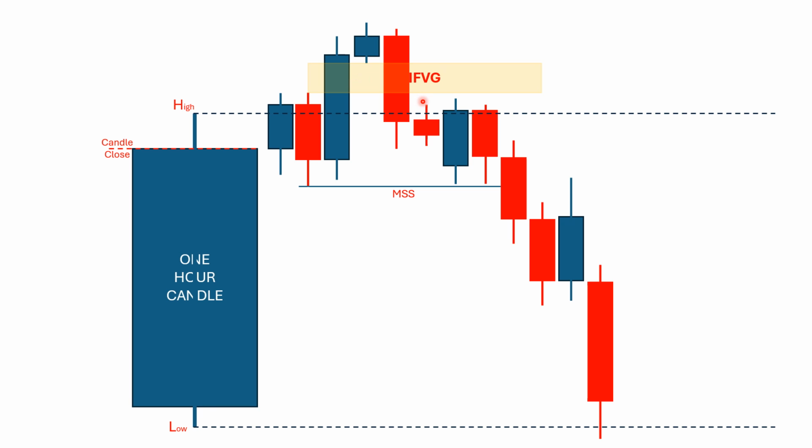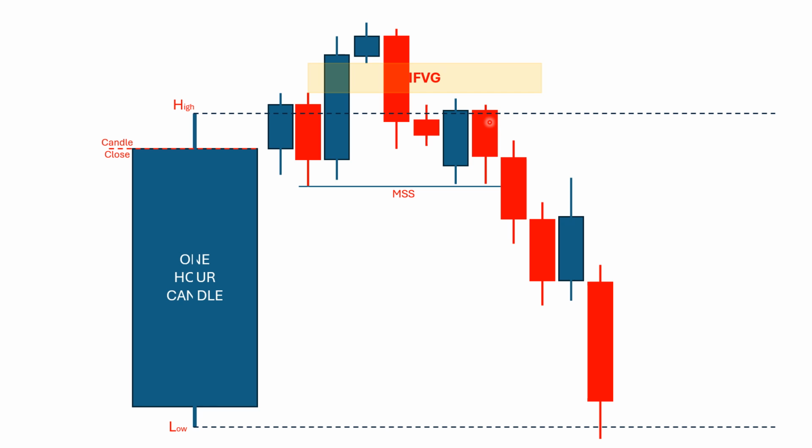Okay, price may not go all the way to that inverse fair value gap. It will just react, take out this inside bar's high, and then drop to the downside. Now, like I said, don't put your stop loss above that fair value gap, because this candle right here left another fair value gap above there.